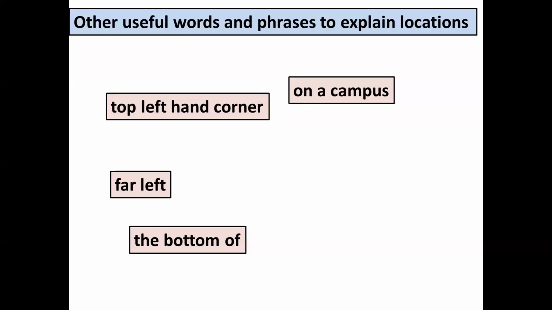For example, we can say there are 2 cafes on the campus. We also use phrases like in the middle of the campus as well. You will learn more words and phrases to explain locations in this unit.